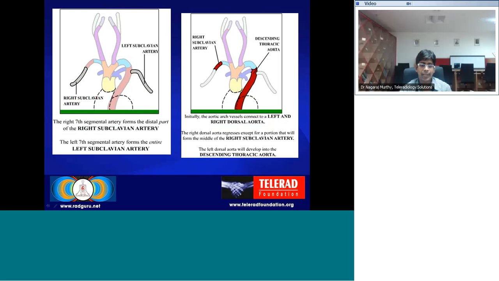The right seventh segmental artery forms the distal part of the right subclavian artery, supplying the right upper limb. The left seventh segmental artery forms the entire left subclavian artery.